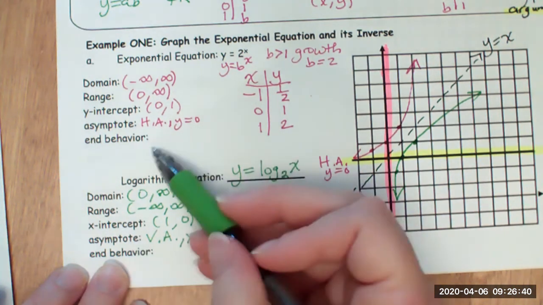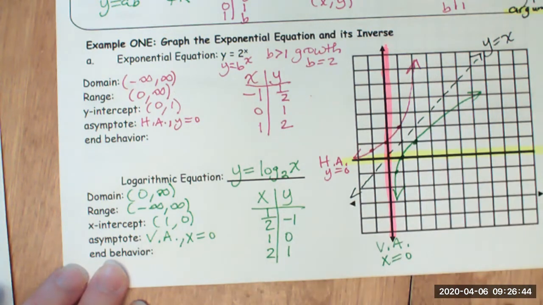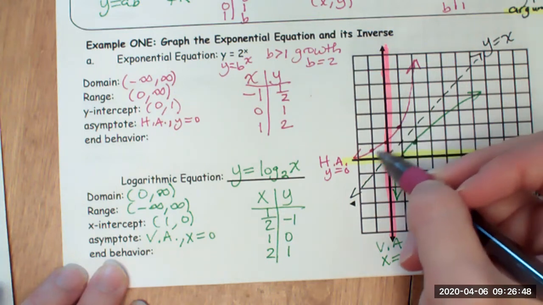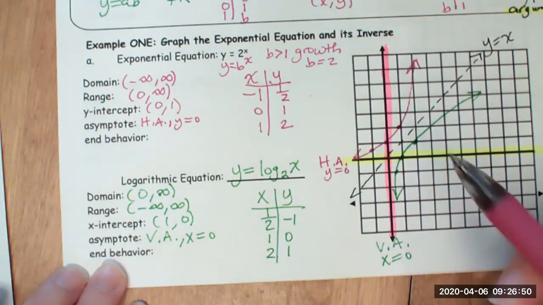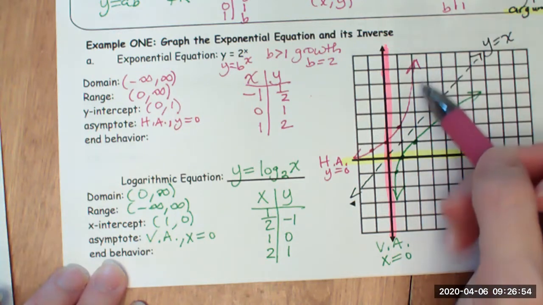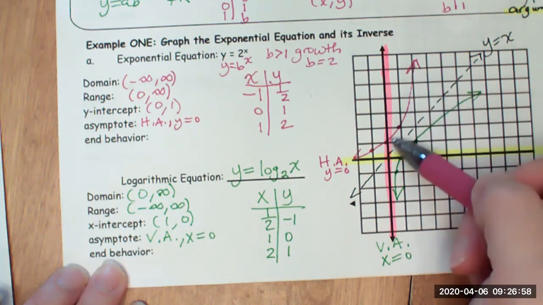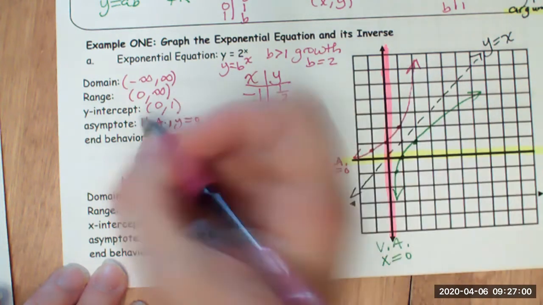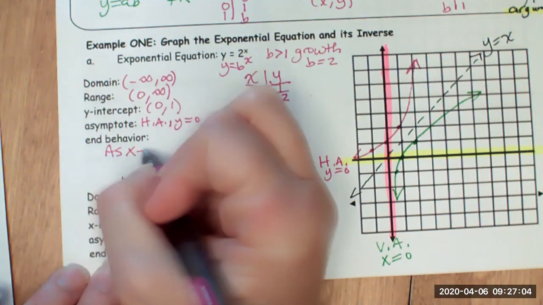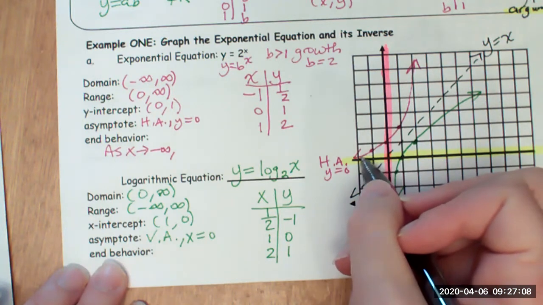And we didn't fill in the end behavior here, so let's go ahead and fill those in now. So as you'll notice here, let's just look at this without cheating and looking above at what we had for y equals 10 to the x and y equals log x. We look at y equals 2 to the x here. You can see as x approaches negative infinity, y is approaching 0.